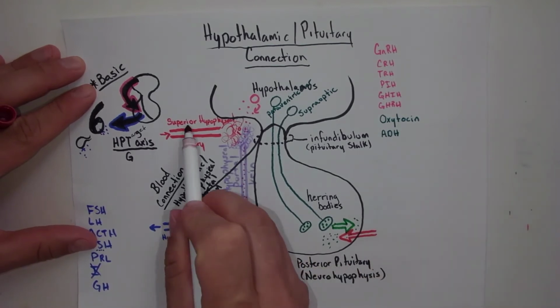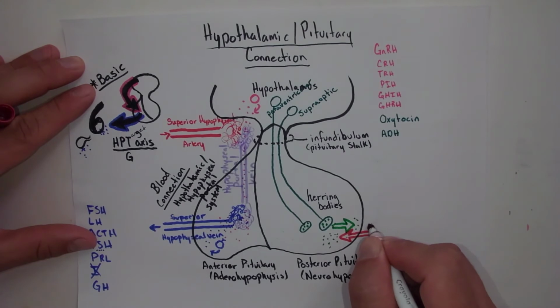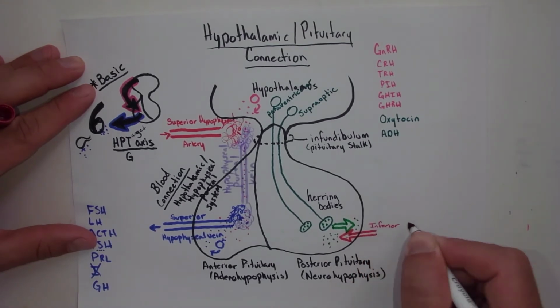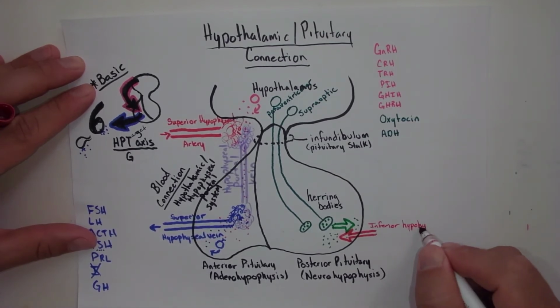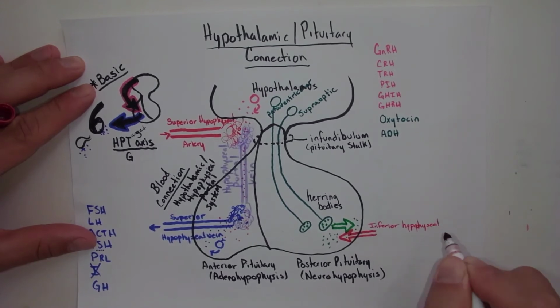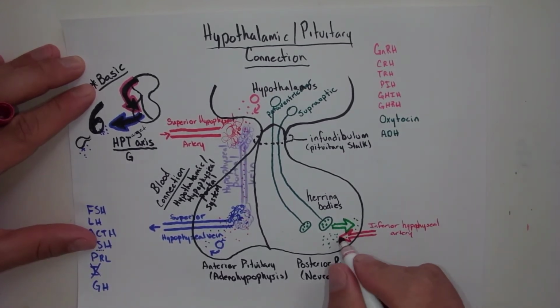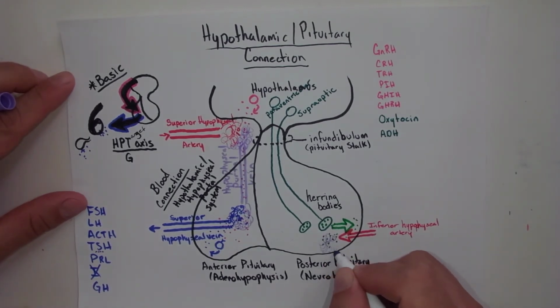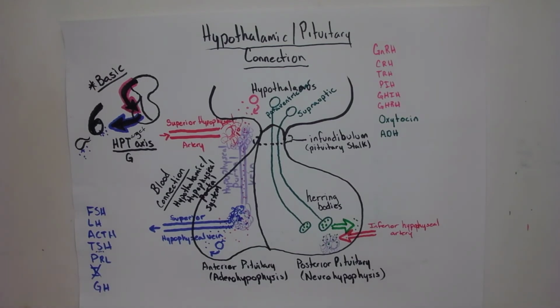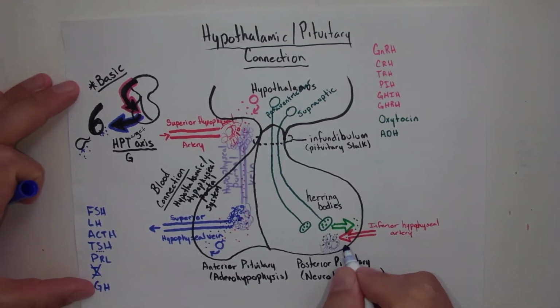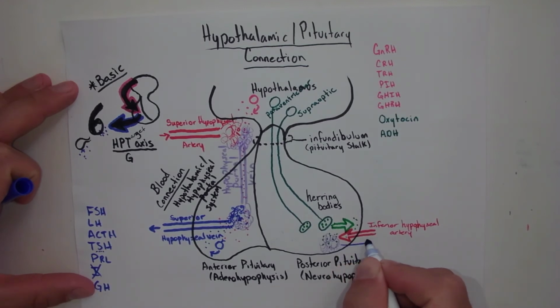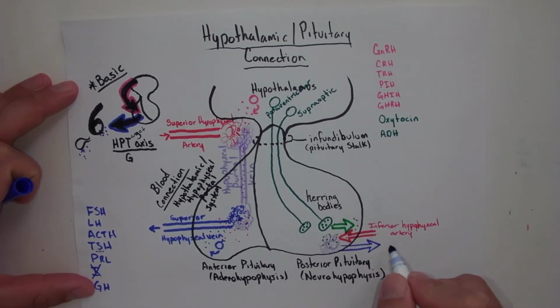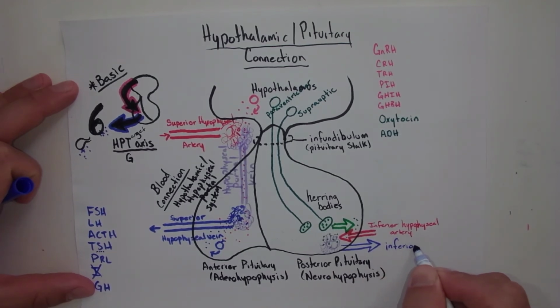If we had a superior hypophyseal artery, we'd probably have an inferior hypophyseal artery that carries blood in, scoops up those hormones through a capillary plexus, and then carries them away through an inferior hypophyseal vein to their target organs.